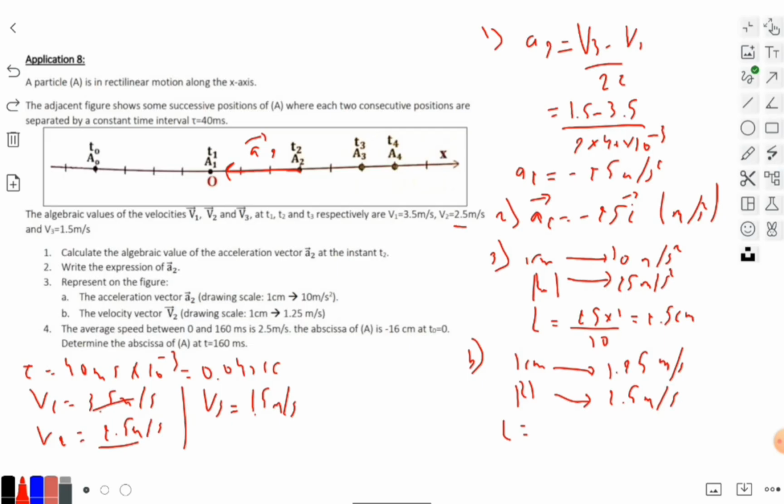So L is equal to 2.5 times 1 over 1.25, which is equal to 2 cm. Then from A2, the velocity vector v2 is represented along the direction of the motion. Then to the right, we draw a vector from A2 equal to 2 centimeters. This is the v2 vector.